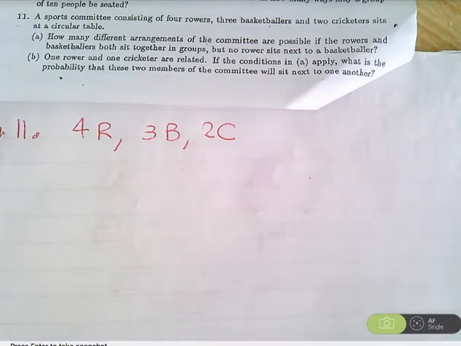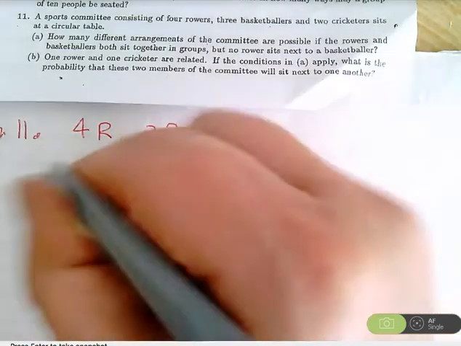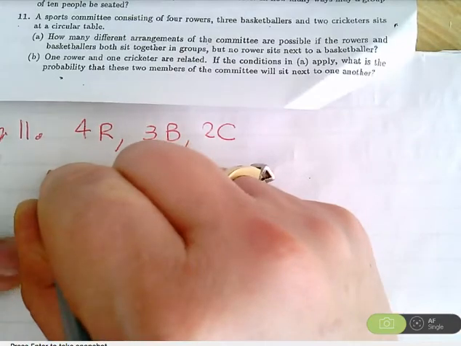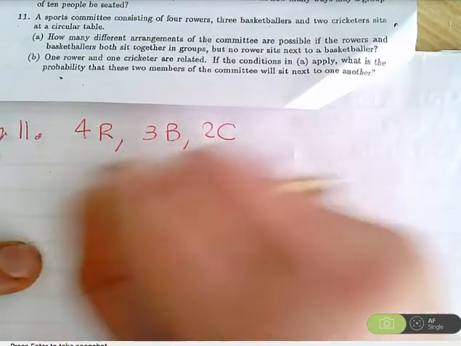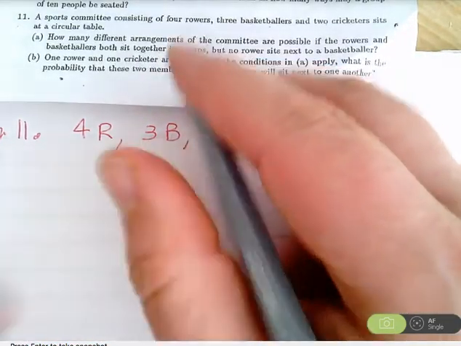Let's just make sure we understand what this is saying. So the rowers and the basketballers want to be together.